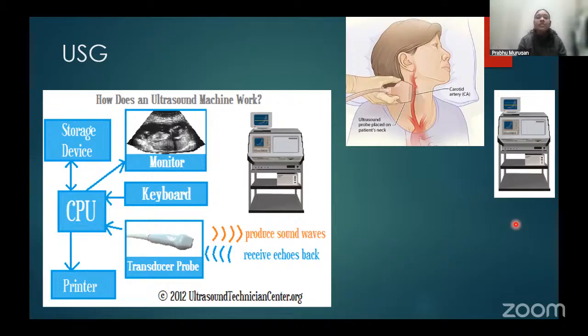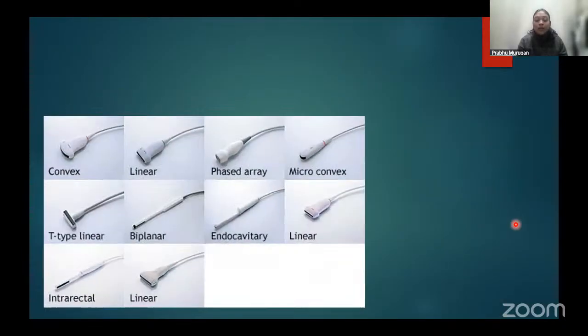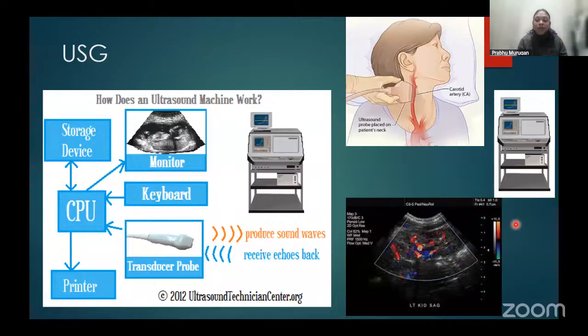And in case of head and neck lesions, if we have to see any kind of AV abnormality, we can see how the blood flow is within the particular lesions. For that also, this Doppler ultrasound is very, very useful.